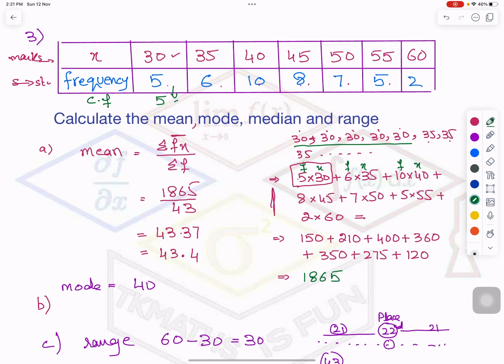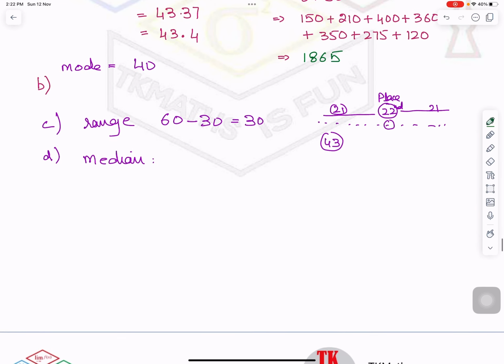Then 5 plus 6 is what? 11. It means from 6th place till 11th place you will have which data? 35. I will write it down also to show you, because this is the point where students get confused.